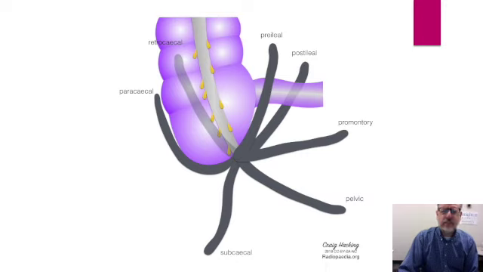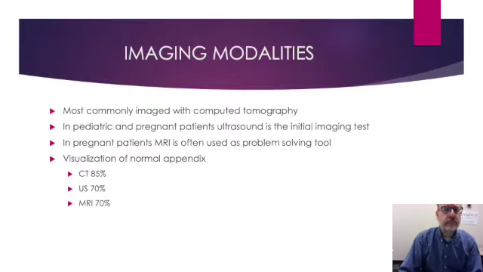Due to the variable length and location of the appendix, it can often be challenging to locate a normal appendix on imaging. So what imaging modalities do we utilize to evaluate the appendix? Most commonly out of the emergency room, the appendix is imaged with computed tomography with intravenous contrast and, depending on the institution, possible oral contrast administration.